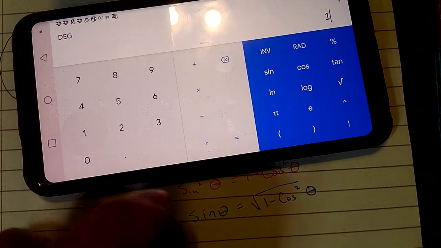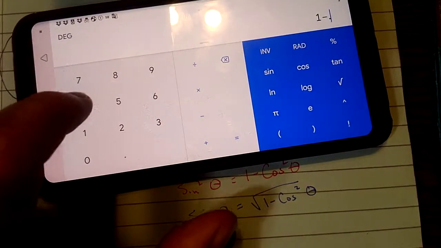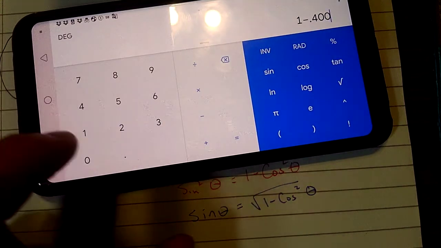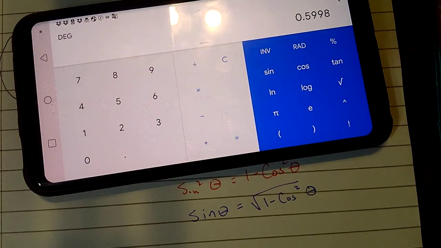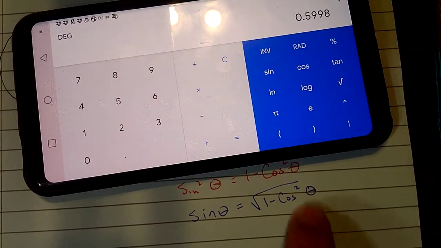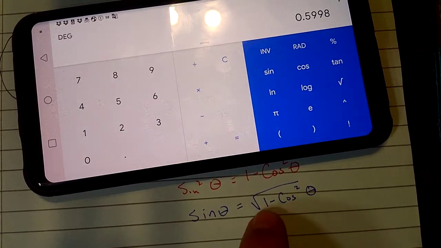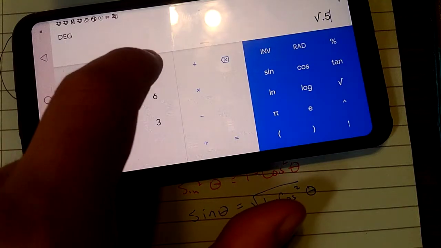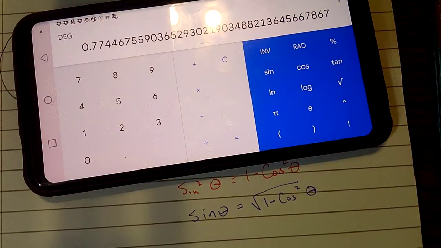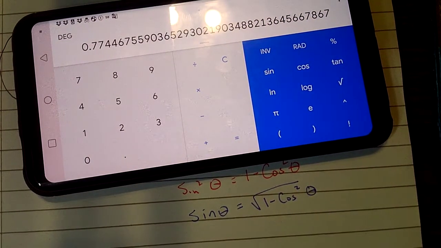Now I'm going to say 1 minus 0.4002, which is 0.5998. So now I've done the cosine squared thing and the 1 minus. Now I just take the square root of 0.5998. That's my answer. My answer would be 0.7744.